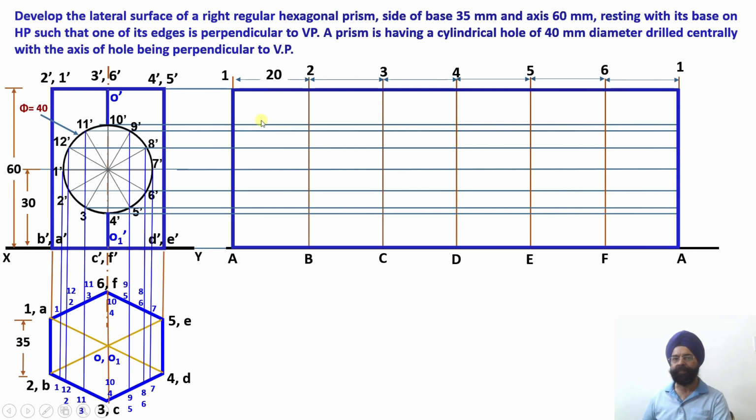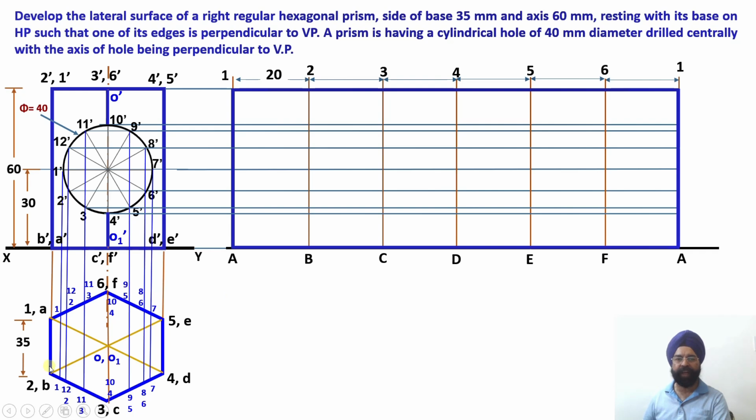But another thing, this face is uncut, because we have already discussed that face 1, 2BA is lying perpendicular to VP. So this face and face 4, 5ED, this rectangular surface, have also not been cut. This face has been cut, this face has been cut and this face has been cut.